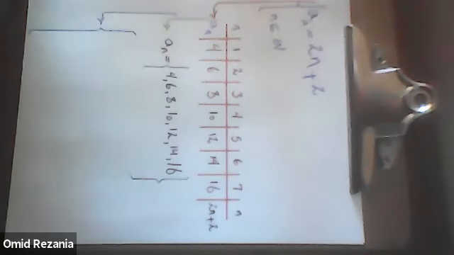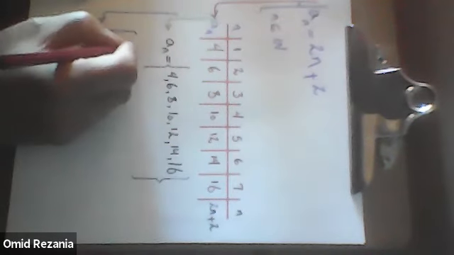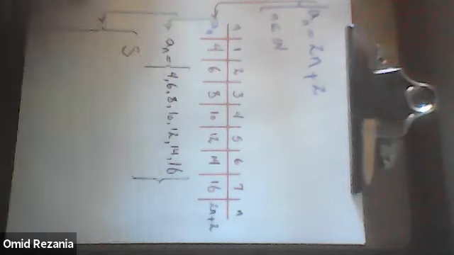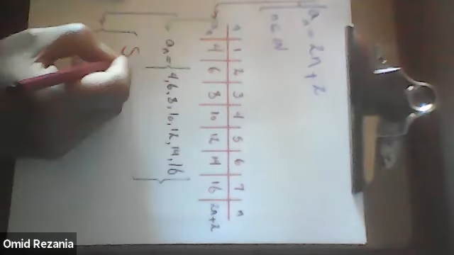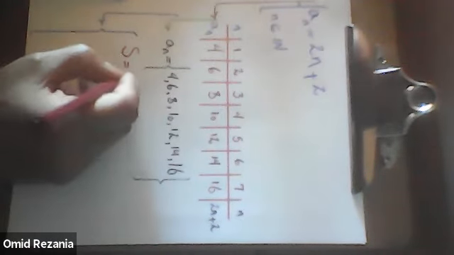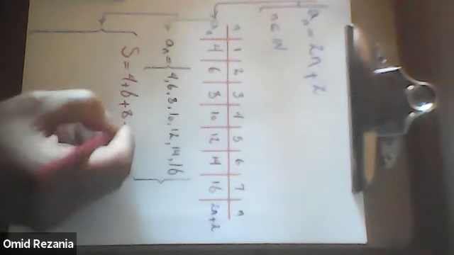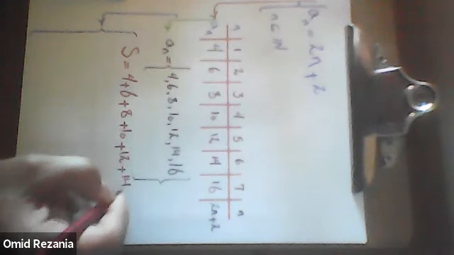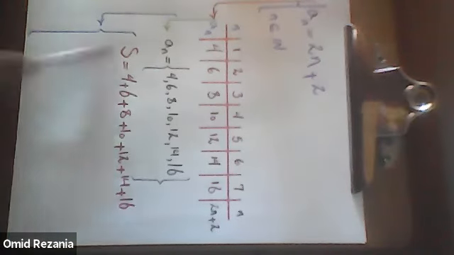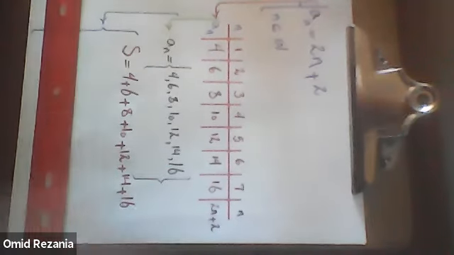In order to show the summation, as a first option, I write it as S. S becomes what? Becomes 4 plus 6 plus 8 plus 10 plus 12 plus 14 plus 16. This is one way to do that, and there is no argument about this.